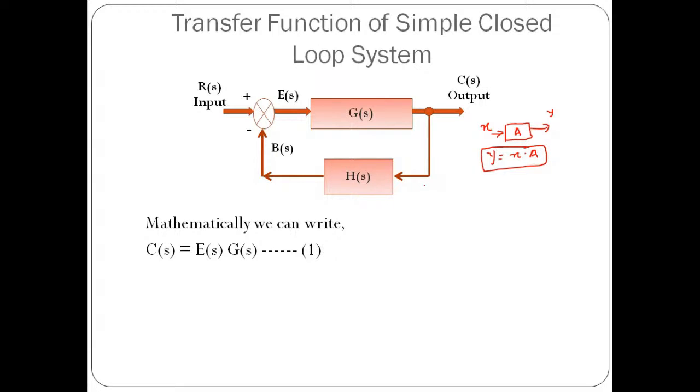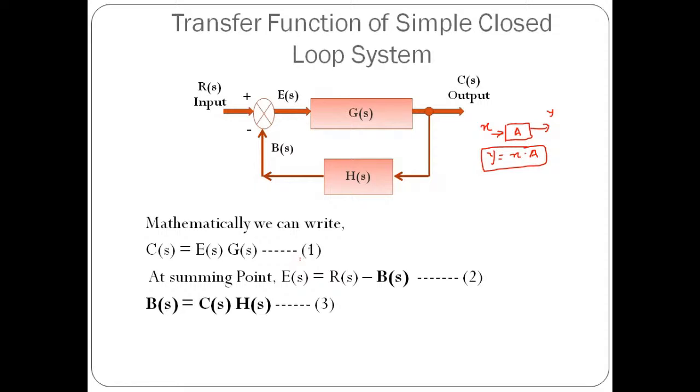If we define this in a proper way, then we can write C of s equals E of s times G of s. This will be equation number one.